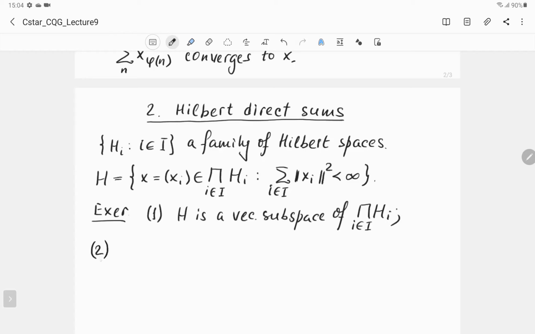And moreover, it's a Hilbert space, H is a Hilbert space, with respect to the inner product given by the following formula.